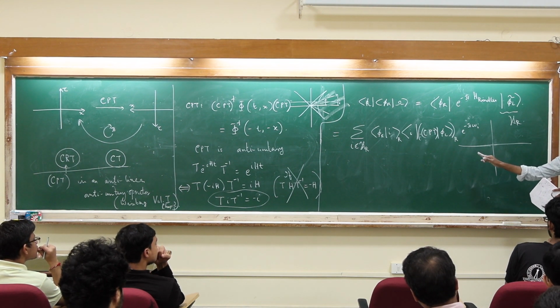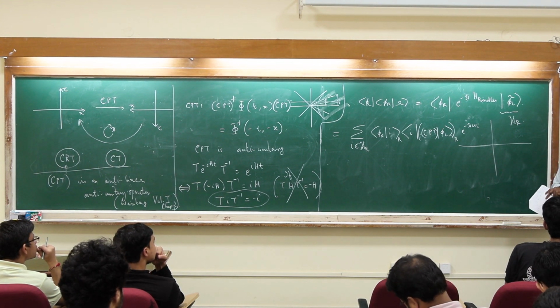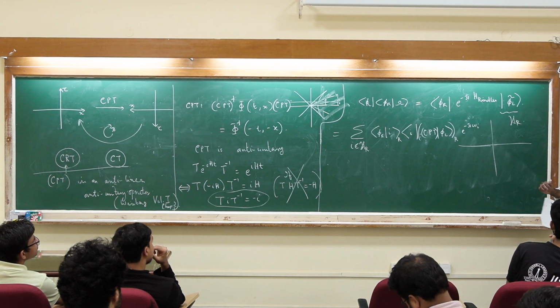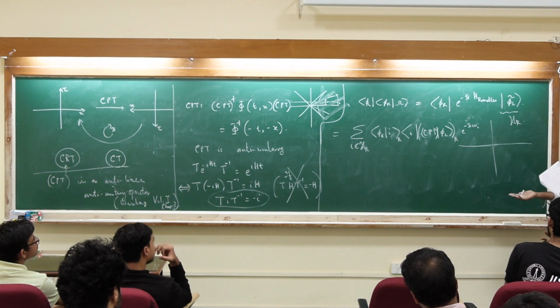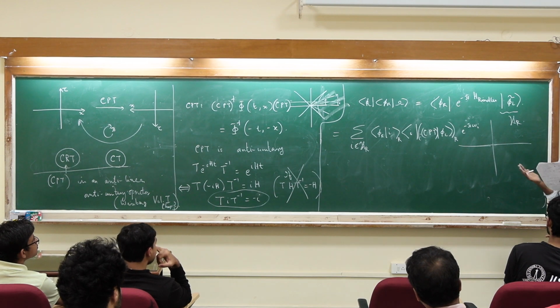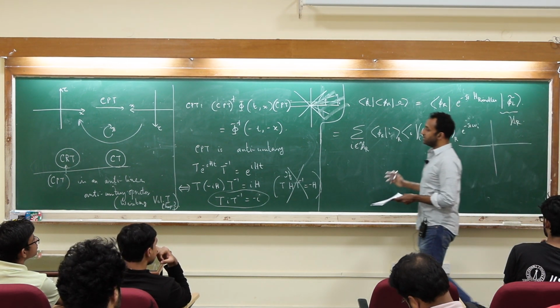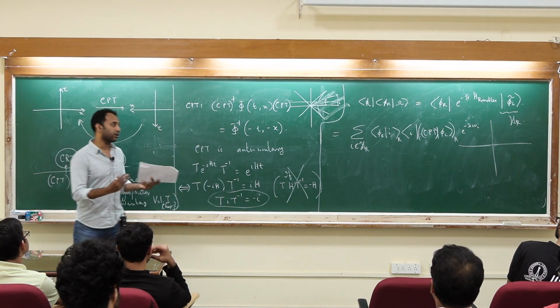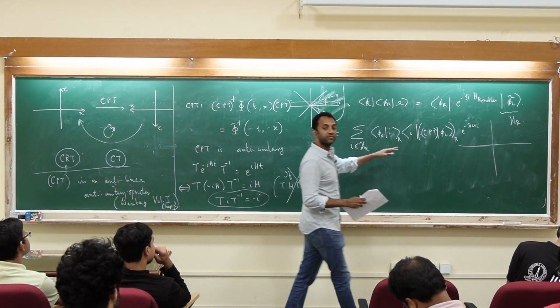This discussion is actually completely general. I have not used the fact that the theory is free anywhere. It only uses symmetries and going back and forth between the path integral representation of expectation values and the Hilbert space interpretations of them. So that's all I'm doing. I'm not claiming or demanding that my field theory is free.